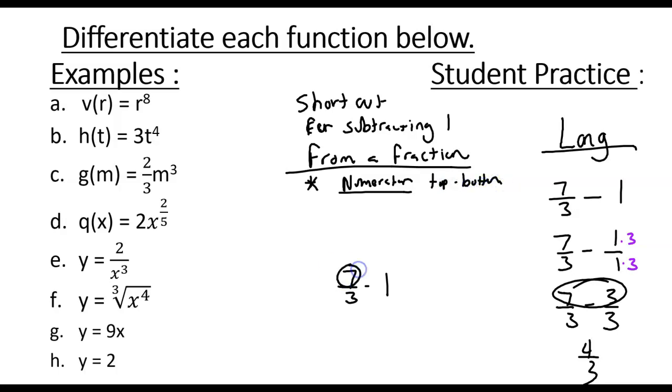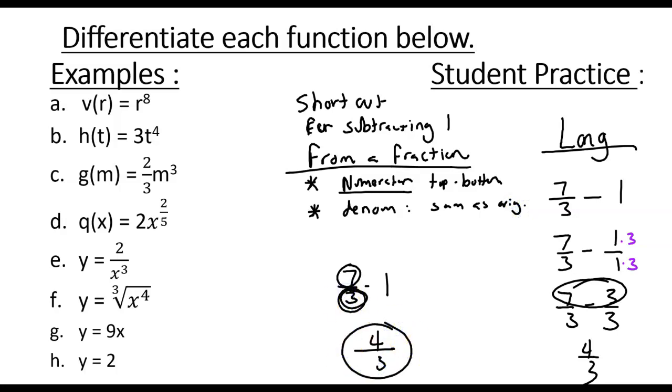So 7 minus 3. What is 7 minus 3? It's 4. That's my numerator, and my denominator will be the same as the original. So the original was 3. So it's a much faster way to find it. Instead of going through the trouble of getting a common denominator and stuff, you can just do top minus bottom and keep the bottom the same.